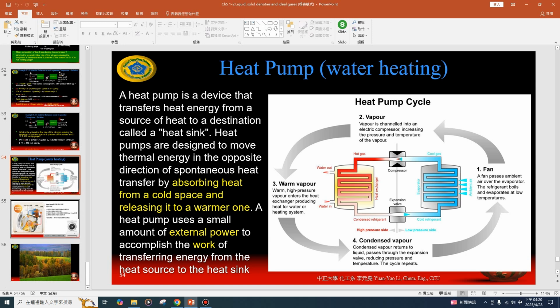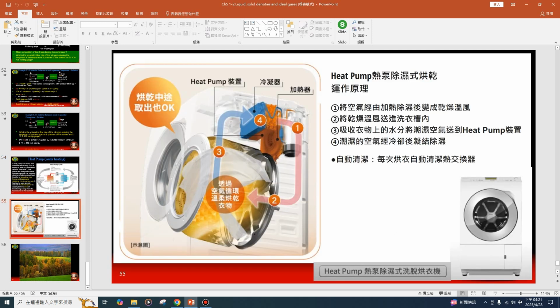In the end we introduced the heat pump. A heat pump is an energy exchange device, and it is very popular now. For example, a dehumidifier uses a heat pump; this is the principle of the dehumidifier. Nowadays there are also very popular washing machines with a dryer that use heat pump technology.